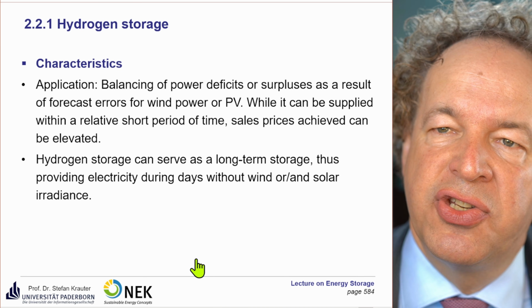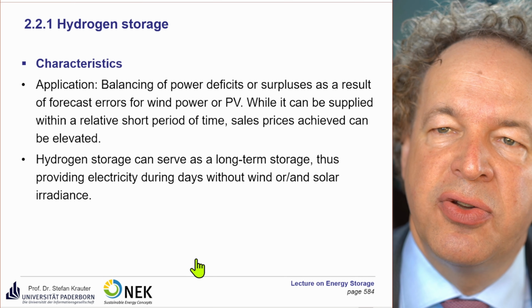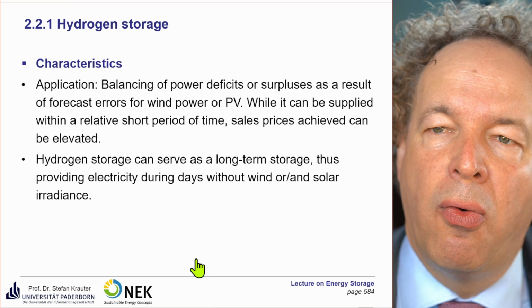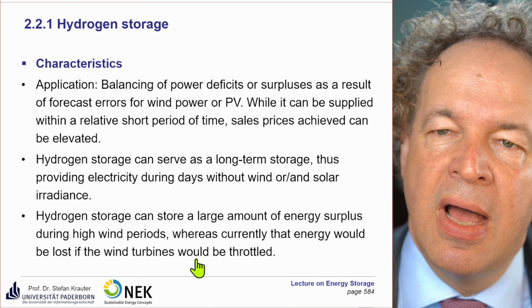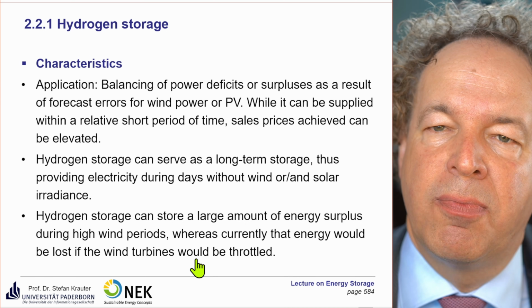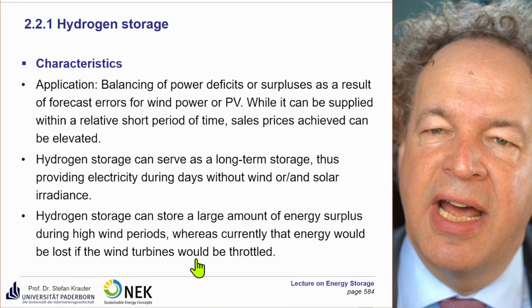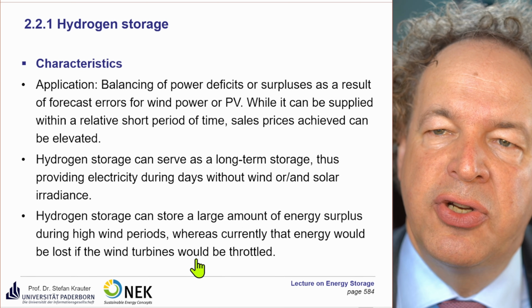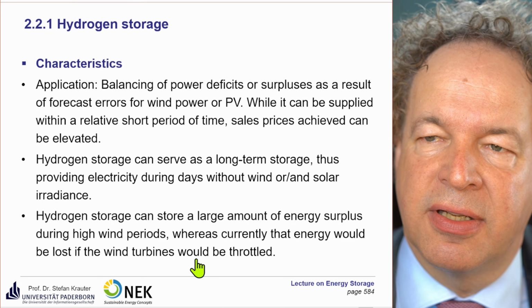Hydrogen storage can serve as a long-term storage, thus providing electricity during days without wind and solar irradiance. Hydrogen storage can store a large amount of energy surplus during high wind periods, whereas currently that energy would be lost if wind turbines or solar power plants would be throttled.